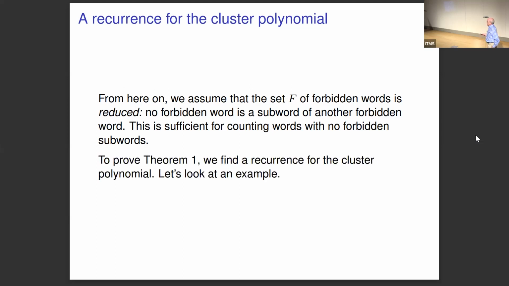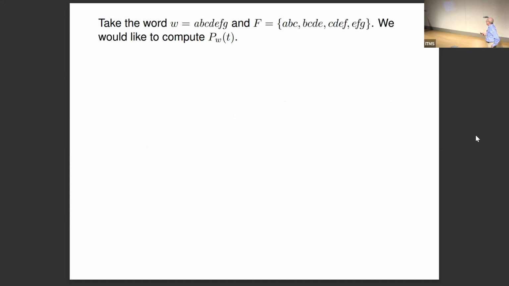So this will make my recurrence a little bit simpler. In the more general case, you could do something similar, but the recurrence would be a little bit more complicated. So let's look at an example of how this recurrence works. I'll take the word A, B, C, D, E, F, G. Here I'm taking a word with all distinct letters, just so that when I talk about subwords, if I say the subword B, C, D, you know exactly where it is.